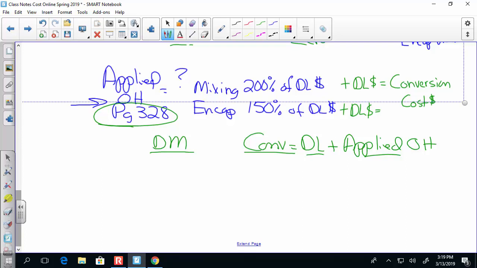So you'll notice on page 327, the author doesn't give you the overhead amount. It's a question mark. Well, you got to take the labor times 200% to get the overhead, right? Both just in the mixing. If you're in encapsulating, you got to take the labor times 150% to get the applied overhead. So hopefully that makes sense. Let me know if you have any concerns.